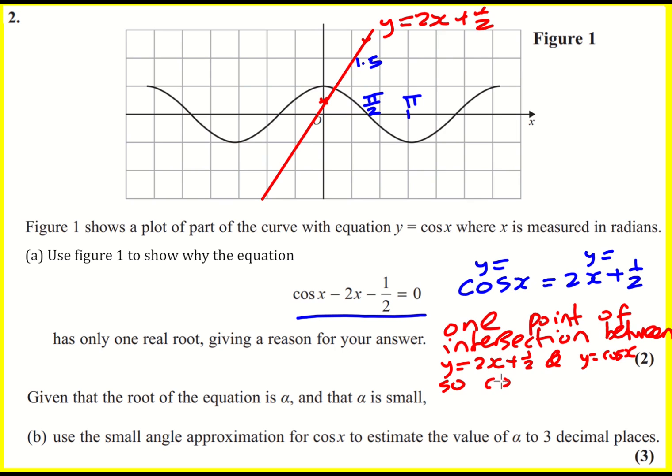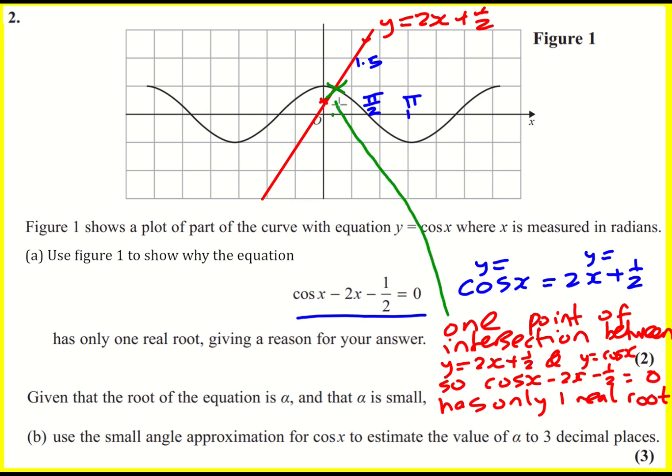So cos x minus 2x minus a half equals 0 has only one real root. Let's just identify that point by putting a cross on it as well, and maybe even pointing at it, just to make it really clear.